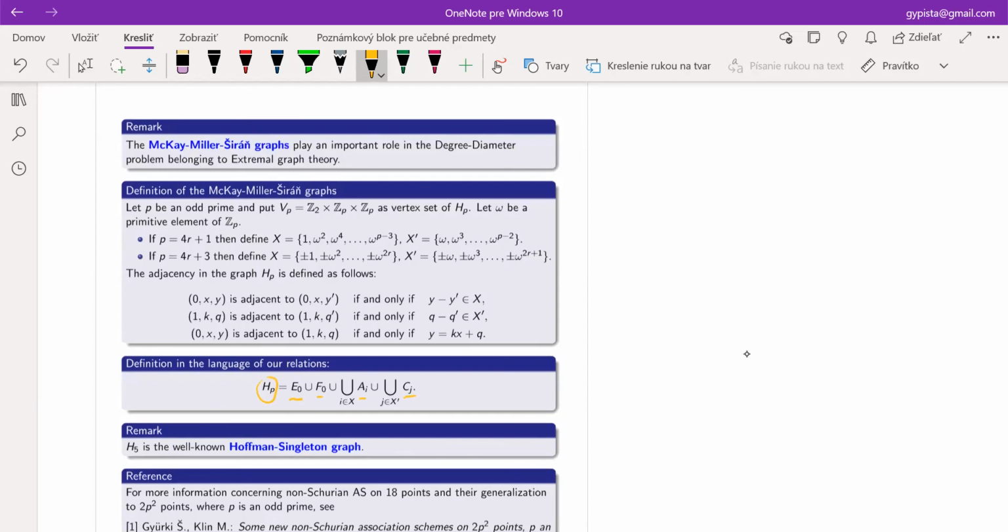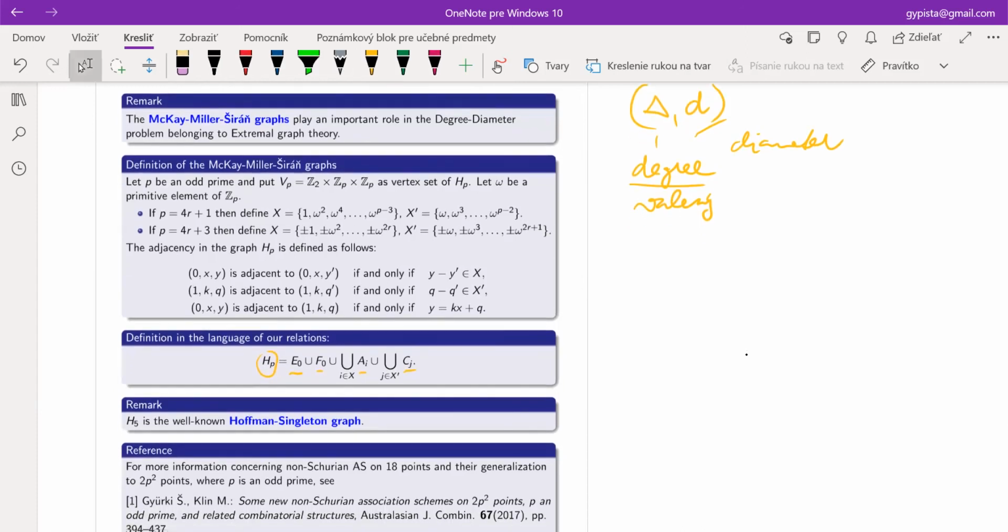And these graphs play an important role in the so-called degree-diameter problem, which is a well-known problem in extremal graph theory. So your task, for prescribed degree and diameter, is to construct the largest graph with these parameters. So this is the degree or valency, and D is the diameter.